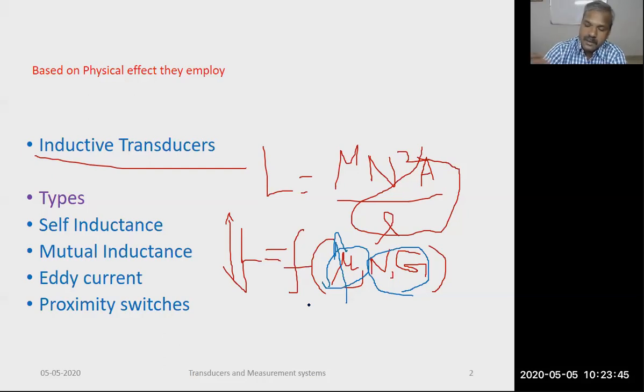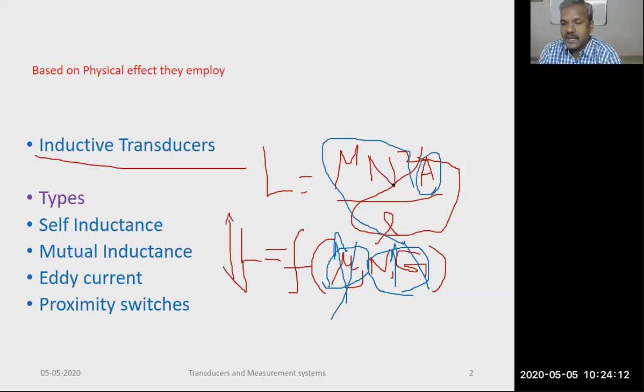If we keep mu and G constant and vary N, it is called a variable inductance transducer based on number of turns. If we keep mu, N and L constant and vary A, those transducers are called variable area inductive transducers.